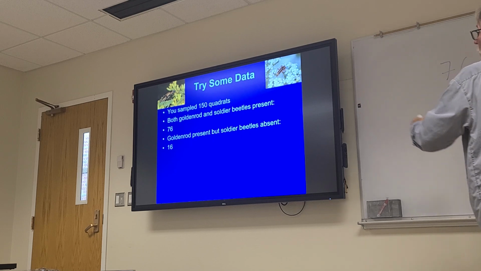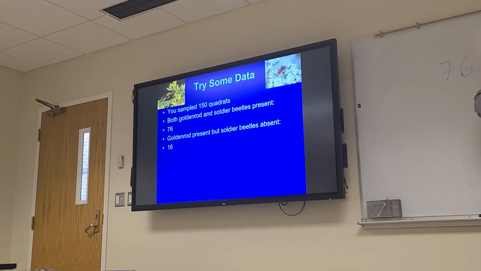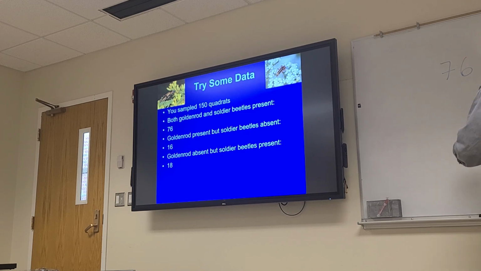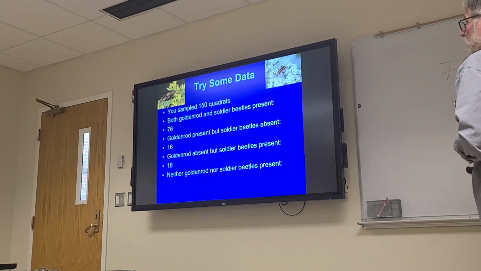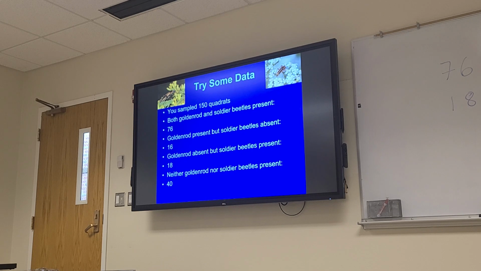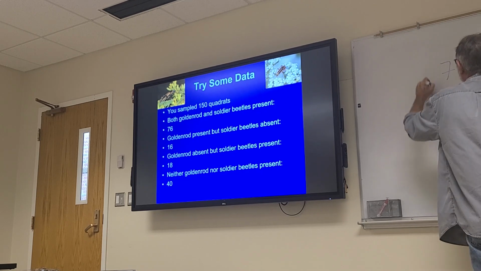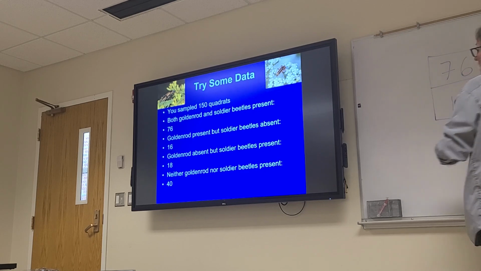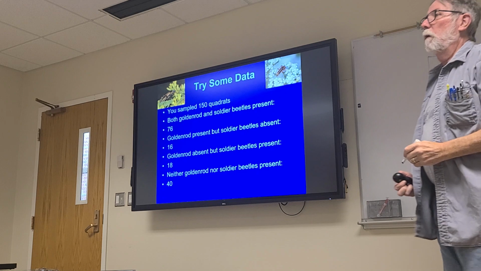Goldenrod present, but no soldier beetles, 16. Goldenrod absent, but soldier beetles present, 18. And finally, neither one, I got 40. Okay. So I've started my table.